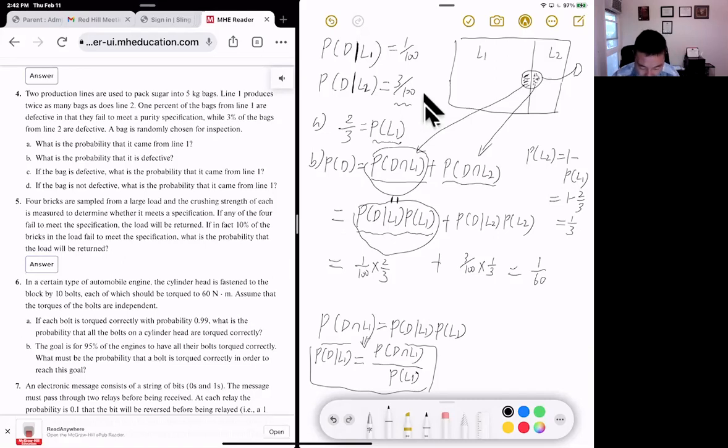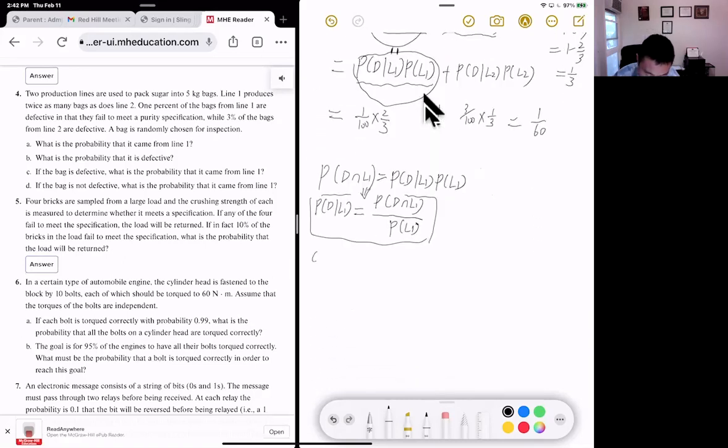So part C is asking this: defective, coming from line 1. Again, based on the equation for conditional probability, that is equal to this.